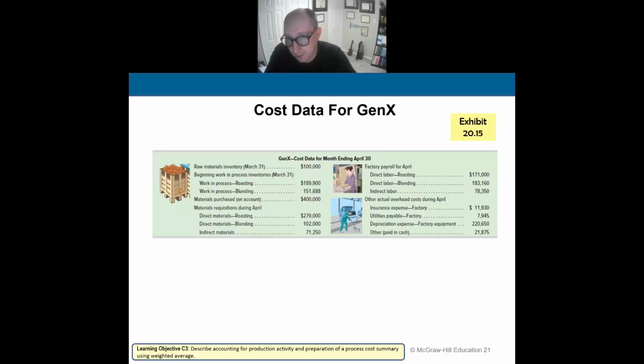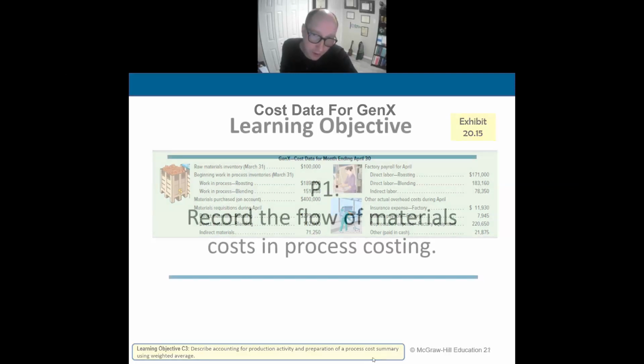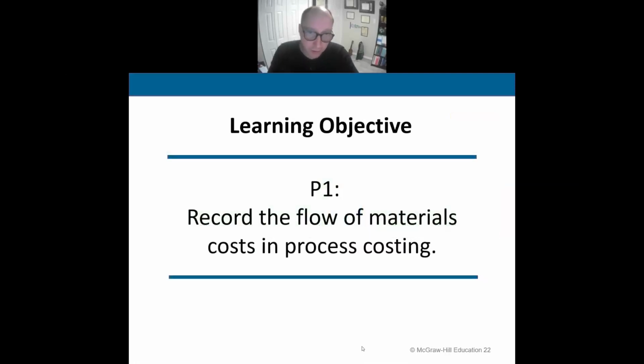It also shows us the overhead, direct labor, indirect labor, and the other factory overhead. And using this data set, I can apply those costs to the process.